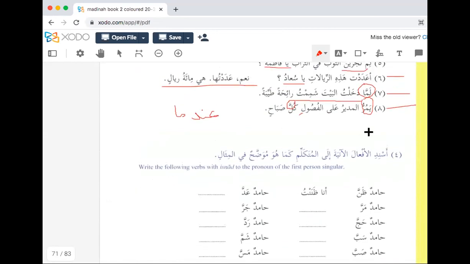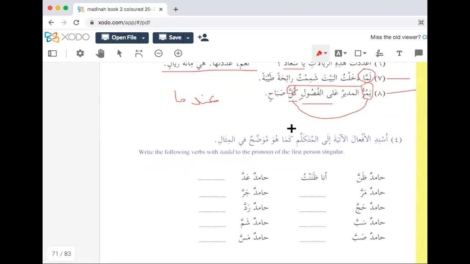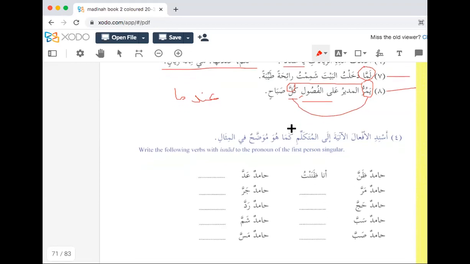So the mudir, he passes by the classrooms every morning. And because this word kulla is when he passes by the classrooms, it takes a fatha, and it is known as maf'ulun fihi. Maf'ulun fihi. Ahsantum wa barakallahu fikum.